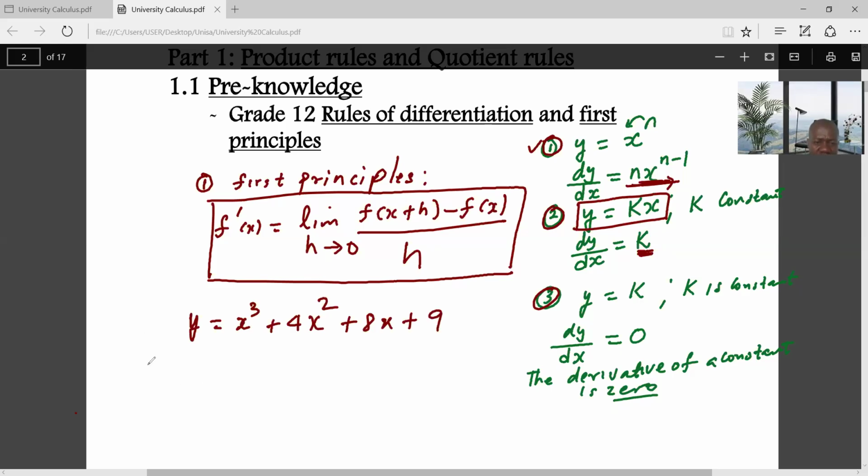We can now determine dy over dx, which is called the gradient function. So when you determine this, if you're using this law, it will become 3x squared. Then this one will become 8x. And this is the kx, it will become 8. Then this one is 0. So it means this is the final answer.